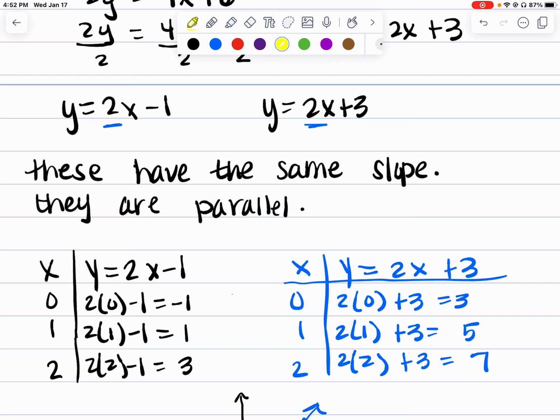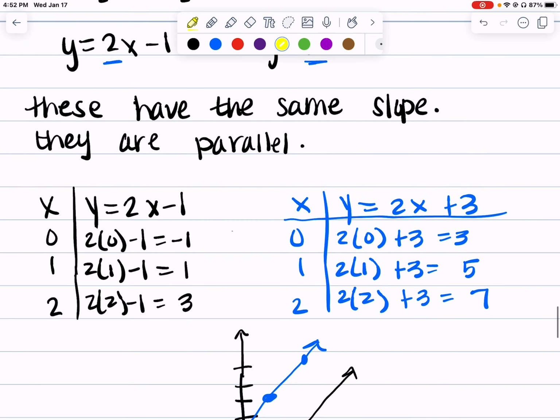On the equation on the left, y equals 2x minus 1. If I replace x with 0, I get 2 times 0 is 0, minus 1 is negative 1. I plug in 1. 2 times 1 is 2, minus 1 is 1. If I plug in 2, I get 2 times 2 minus 1 is 4 minus 1 is 3.